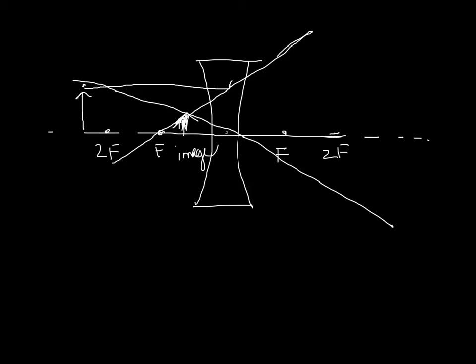And this image is a virtual image. And that is much smaller than the actual object, and it's always formed inside the focal length of the lens.